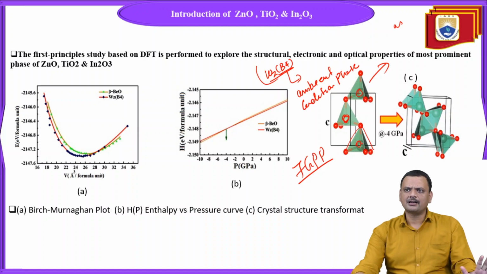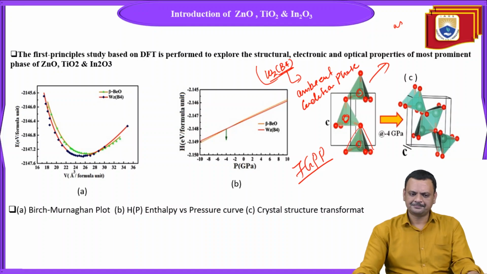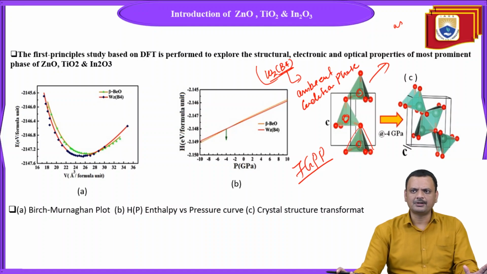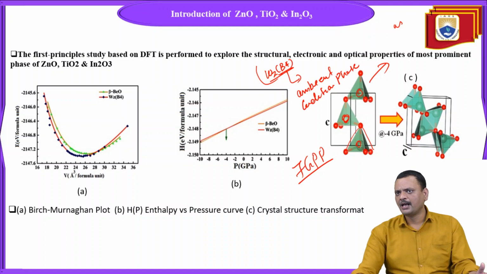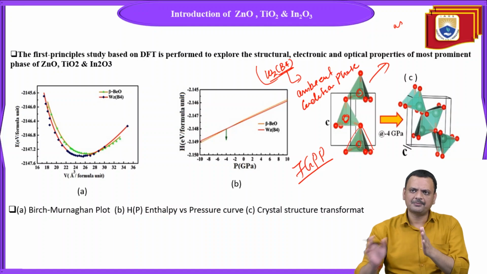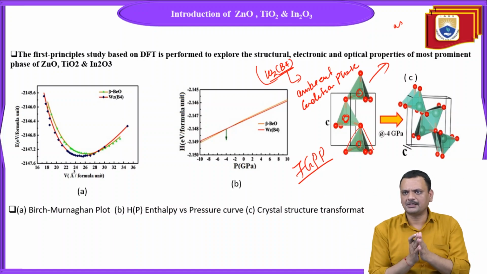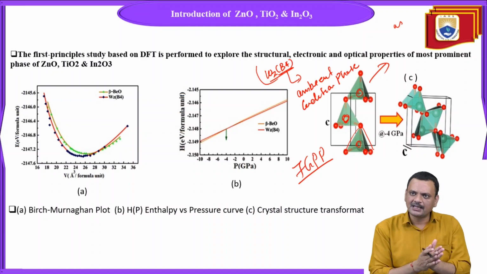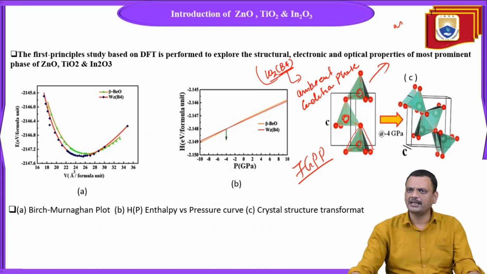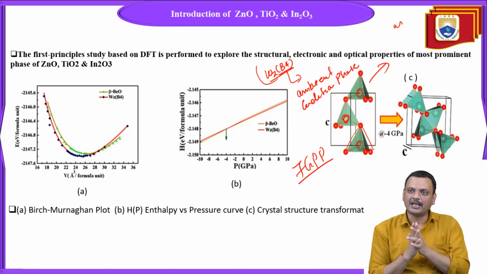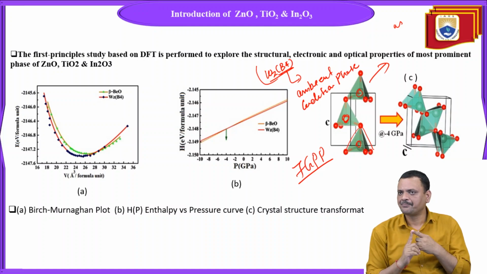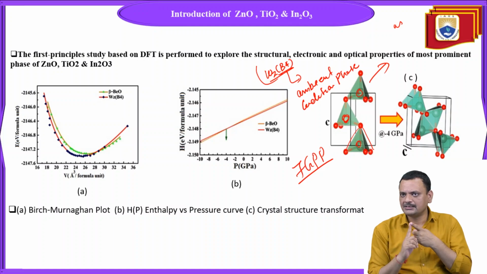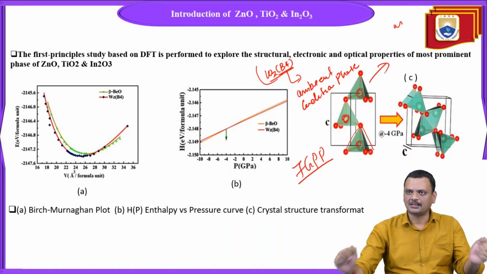Tetrahedral and octahedral are kinds of formations generally found in material science. Even oxygen is surrounded by zinc, and zinc by oxygen, in tetrahedral symmetry, and these tetrahedra are corner sharing, meaning their corners are attached to each other.